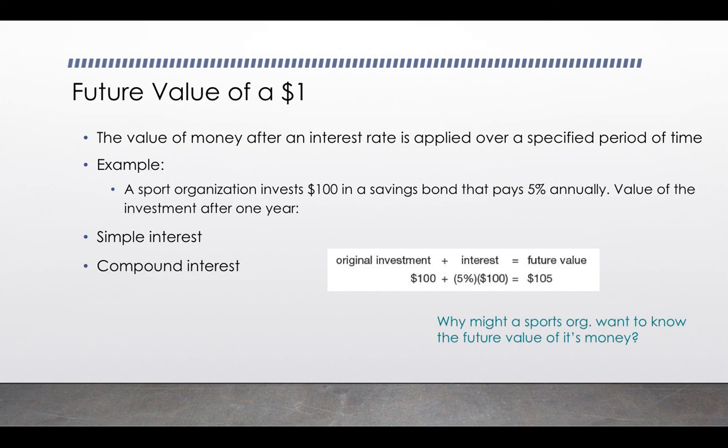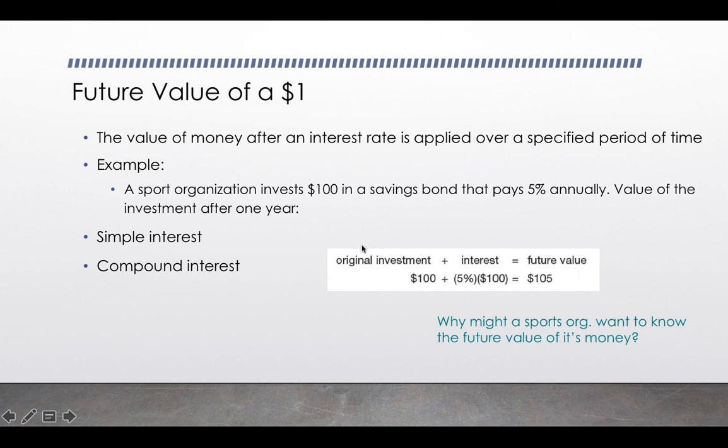So a quick example here for calculating future value of a dollar using interest. A sport organization invests $100 in a savings bond that pays 5% annually. The value of that investment after 1 year we can find by using this formula. We want to take the original investment plus the interest gained. That gives us our future value of a dollar.